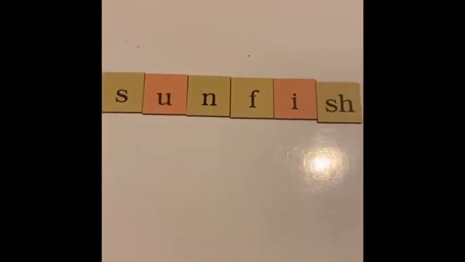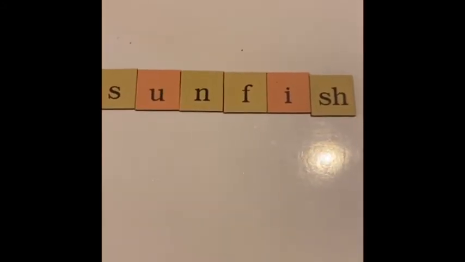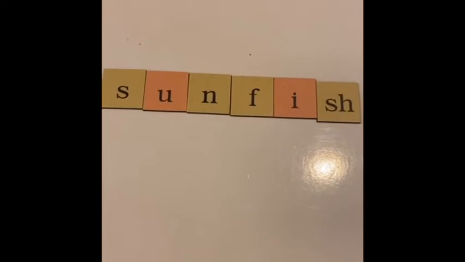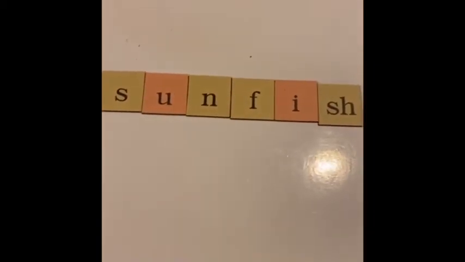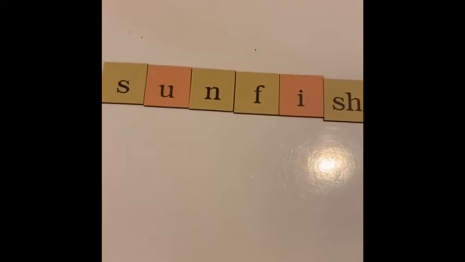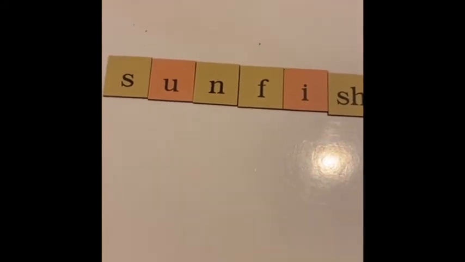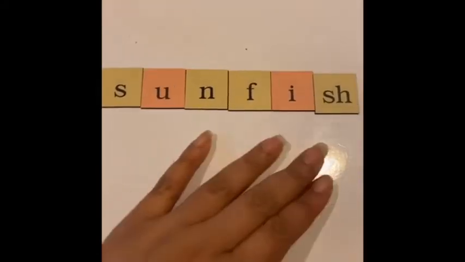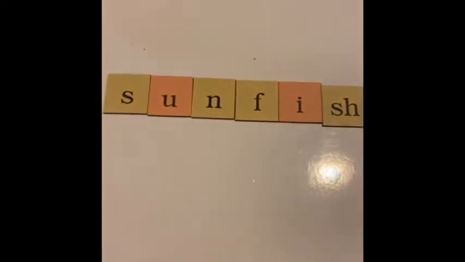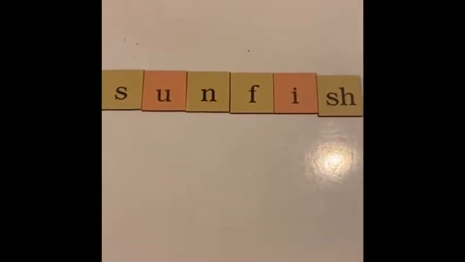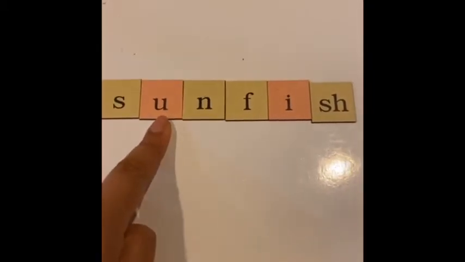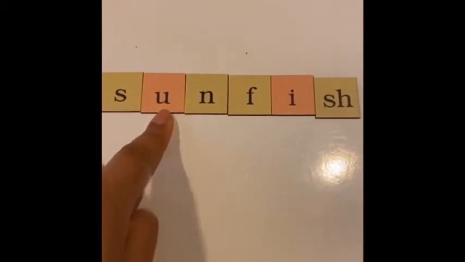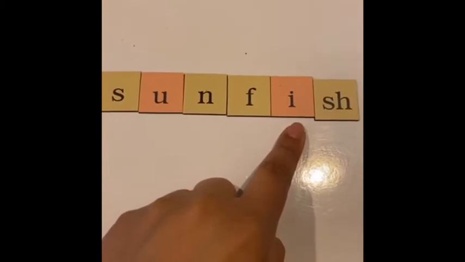In order to spell or read unknown words that are big, I first want to do it by parts, or one syllable at a time. So when I'm looking at this, in order to divide it, I need to look for my vowels. There's my first vowel. There's my second vowel.